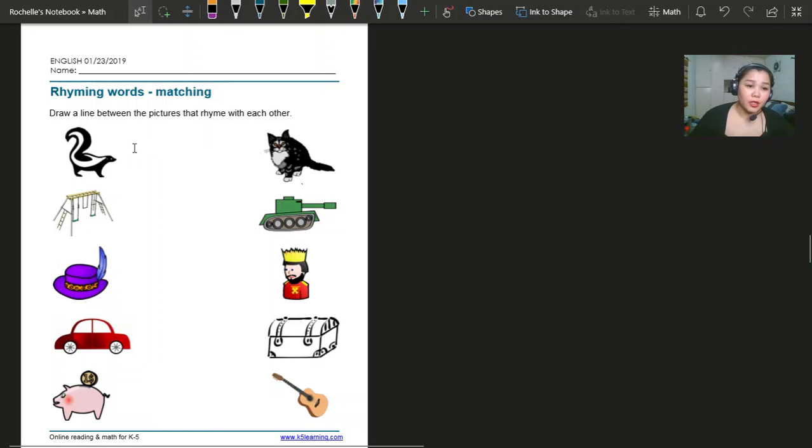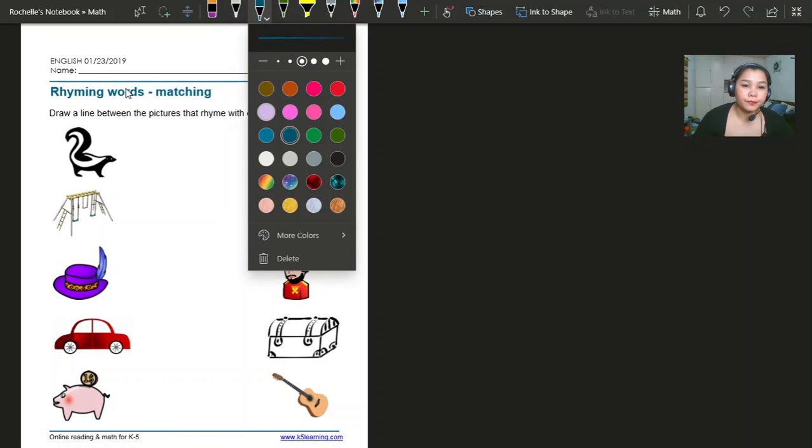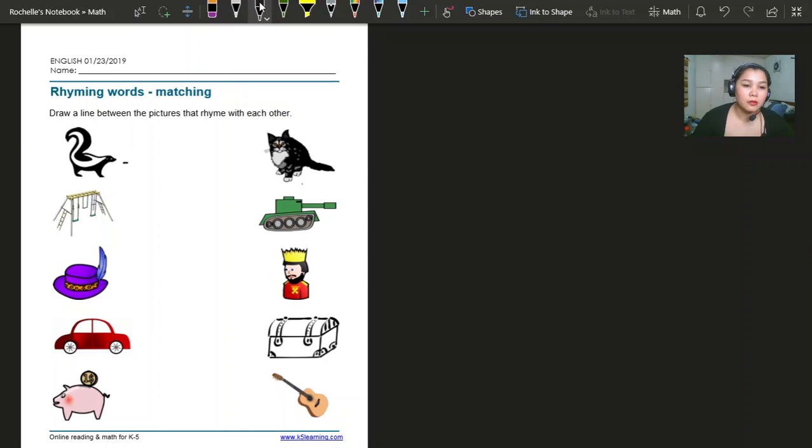So before we can identify which would pair as rhyming words, we have to identify first what they are called. So this one, okay, I'll write them down. So this one is, okay, we call this as skunk.